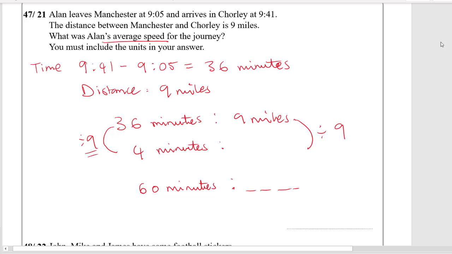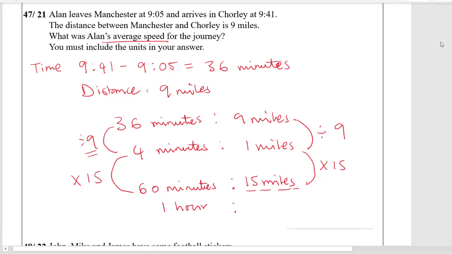So 9 divided by 9 is 1. Got 1 mile. Now from 4 to go to 60, we can do it very easily by times it by 15. That means we have to times the right hand side by 15 as well. So 15 times 1 is 15 miles. And 60 minutes is 1 hour.